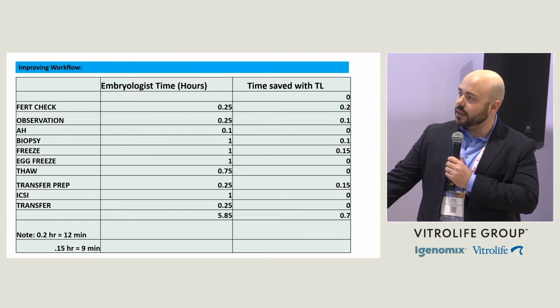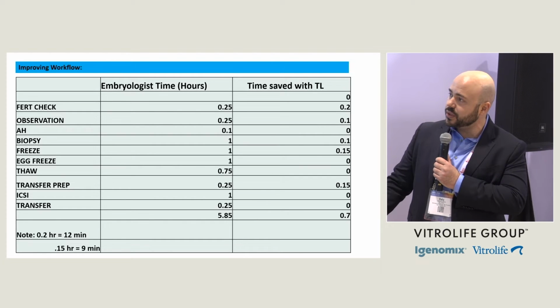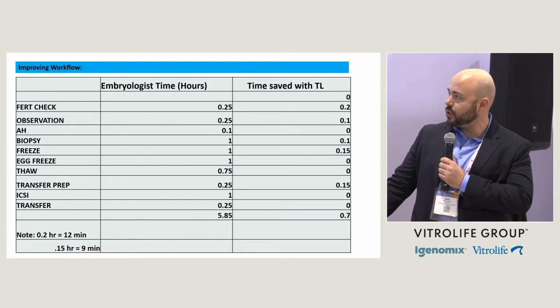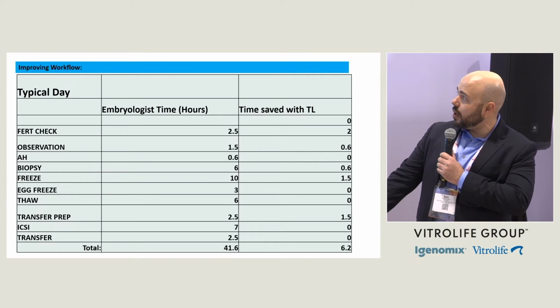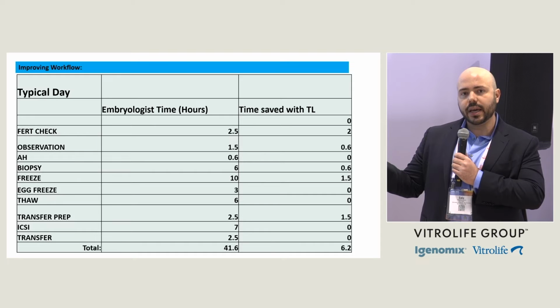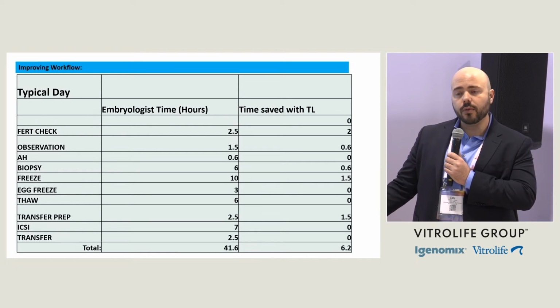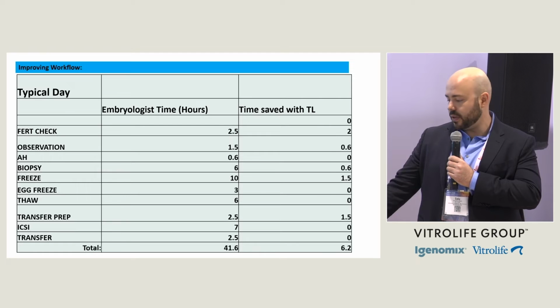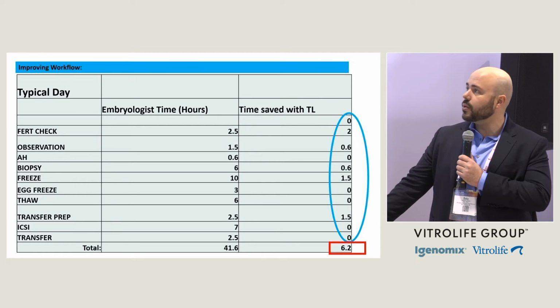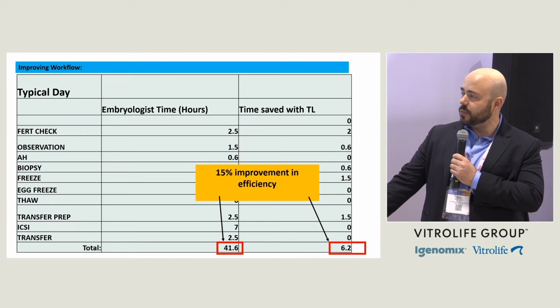So you're looking at 9 minutes, but the hours of the embryologist time saved with all the procedures that is done in laboratory, with a total of 6 hours, which if you take your 8 hours day plus your lunchtime and your breaks from an embryology perspective, at least in the US for the work hours, it's almost a full FTE of time saving, 6.2 hours, which gives you about 15% improvement in efficiency.